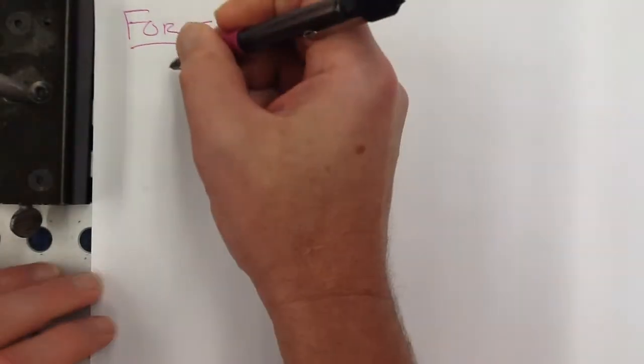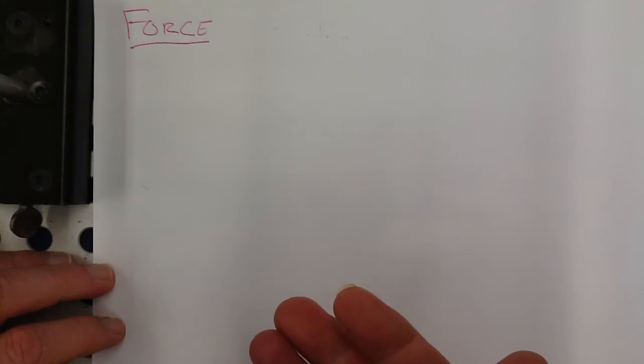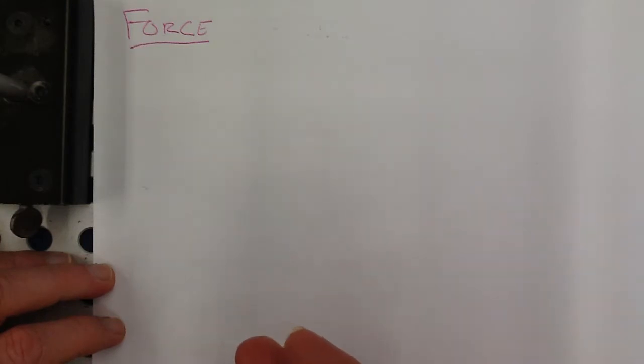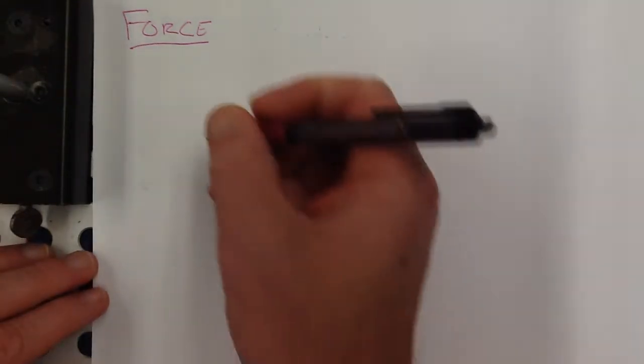So, what's a force? Well, our operational definition, an operational definition just suggests that that's a definition that we can actually use rather than it just being sort of more abstract.